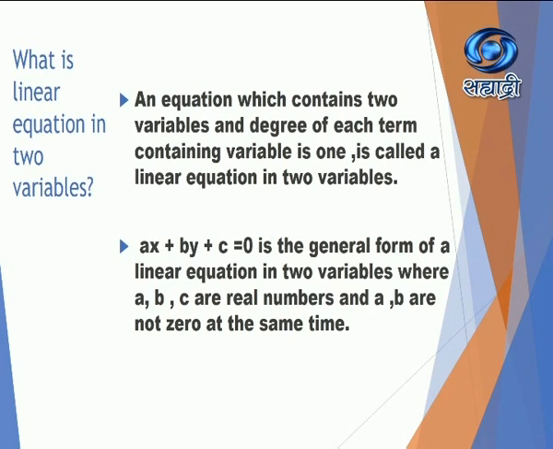An equation which contains two variables and the degree of each term containing a variable is 1 is called a linear equation in two variables. ax + by + c = 0 is the general form of a linear equation in two variables, where a, b, c are real numbers and a and b are not 0 at the same time. That means they should not be 0 at the same time. This is what we learned initially in standard 9.